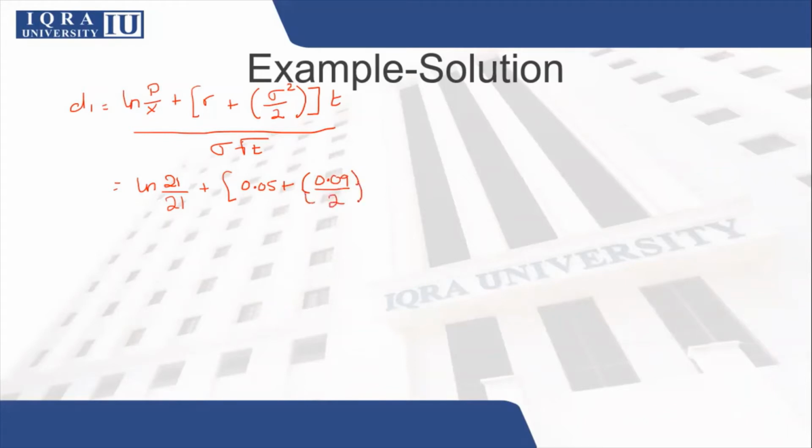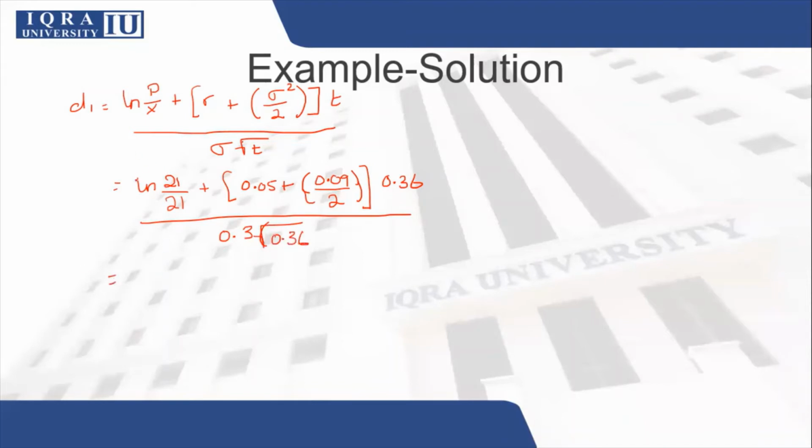This is in brackets, and then you had T of 0.36. Then over here you will not take variance, you will take standard deviation. So 0.3 multiplied by, again, the square root of T, 0.36. Now you just need to solve this.